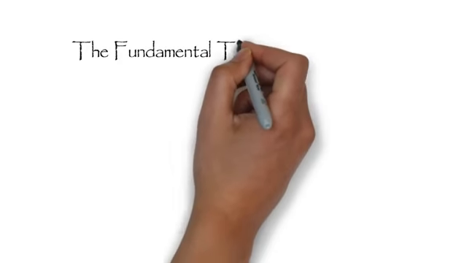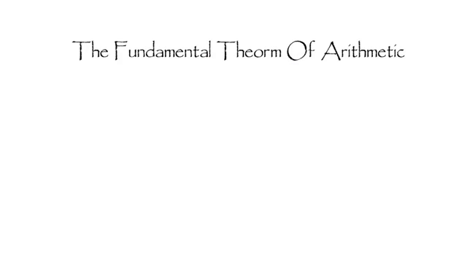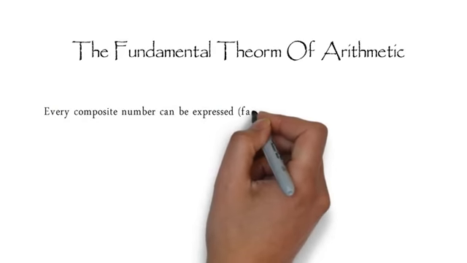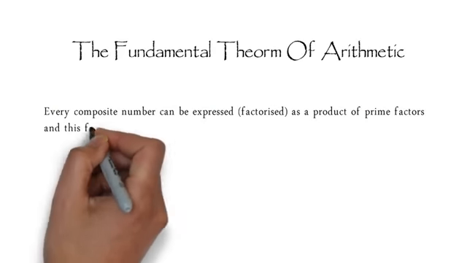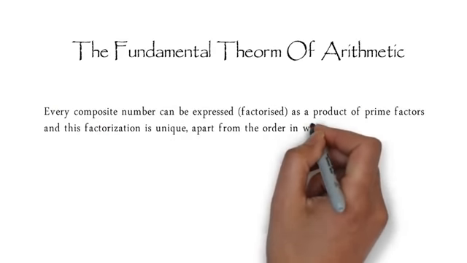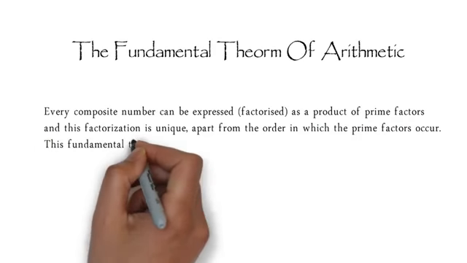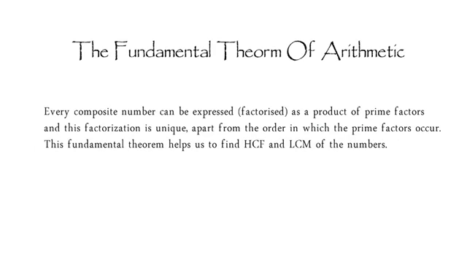The fundamental theorem of arithmetic. Theorem: every composite number can be expressed or factorized as a product of prime factors, and its factorization is unique, apart from the order in which the prime factors occur. This fundamental theorem helps us to find HCF and LCM of numbers.